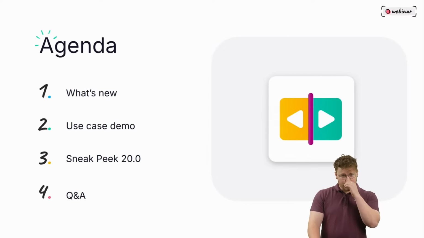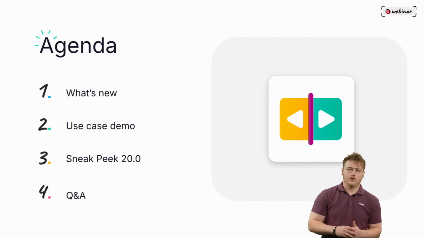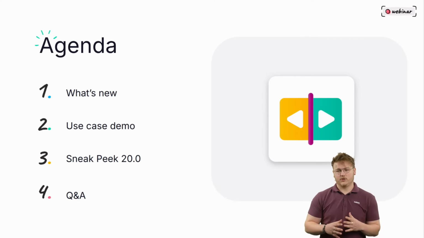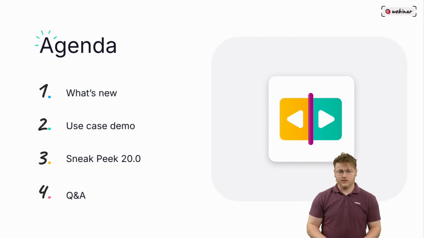It will be divided into 4 main sections. The first one will be the what's new, so you will have a few slides about the new functionalities. Then I will show you how it is in Odoo, with use cases and demo. You will see we will have 3 main use cases.